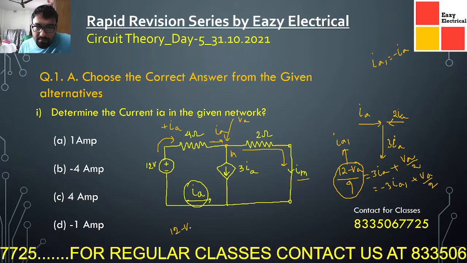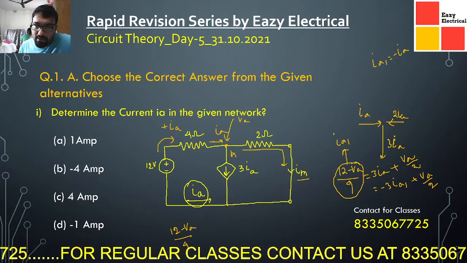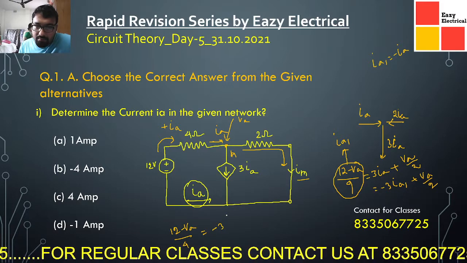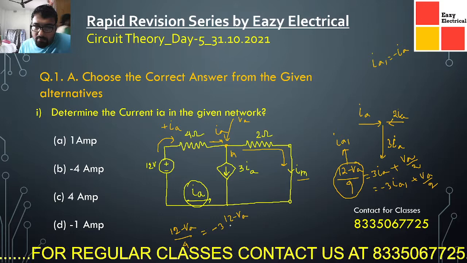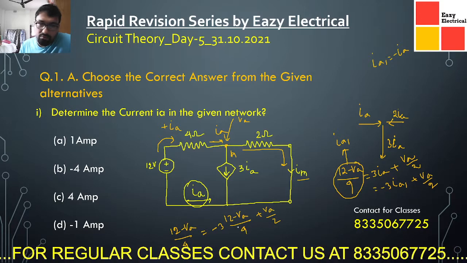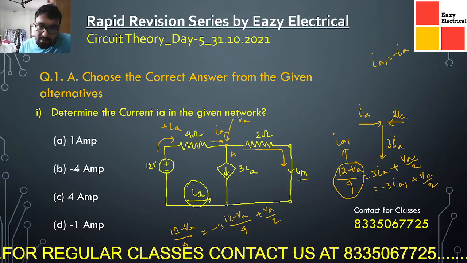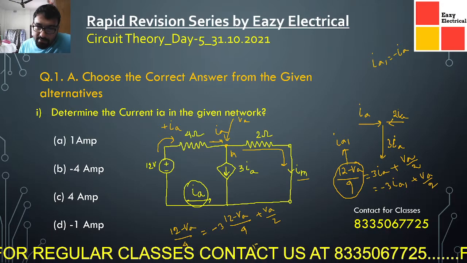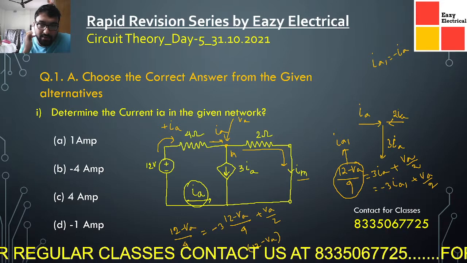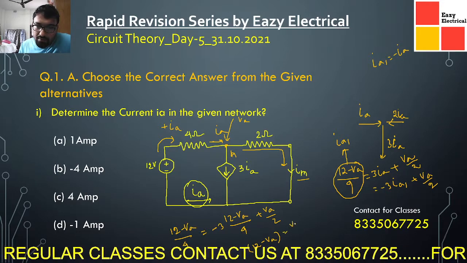12 minus VA by 4, that is your IA1, that is equals to minus 3 times 12 minus VA by 4, plus VA by 2. If you take in this direction, it will come out to be 12 minus VA equals VA by 2.